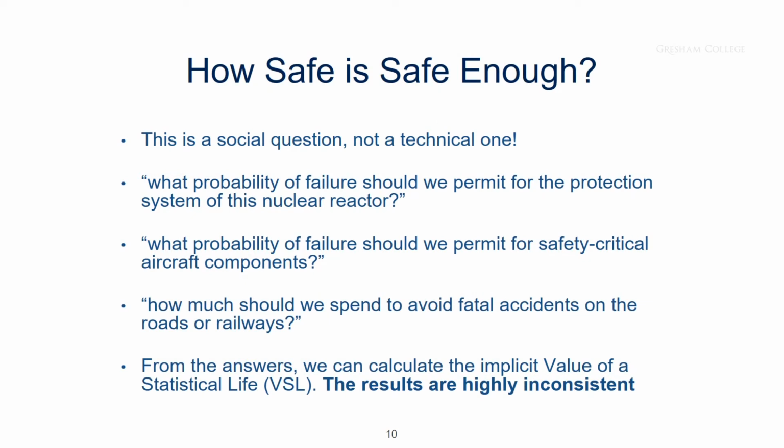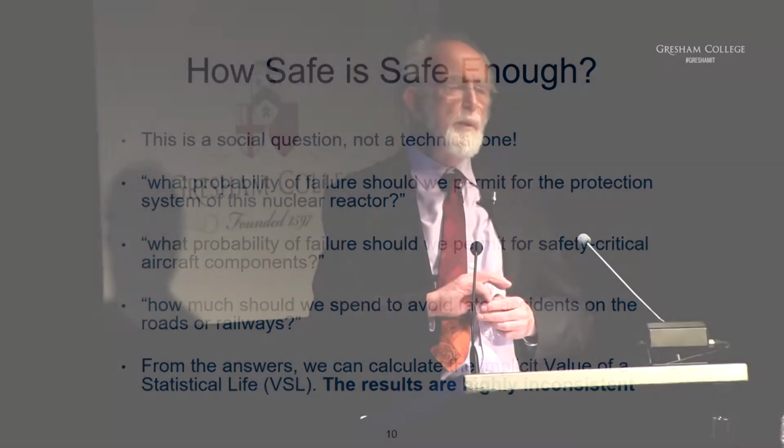And these are social questions. What probability of failure should we permit? How probable are we going to allow the protection function in a nuclear reactor? How high can we permit the probability to be that protection function will fail when it's called upon to shut down the reactor because something is going wrong?